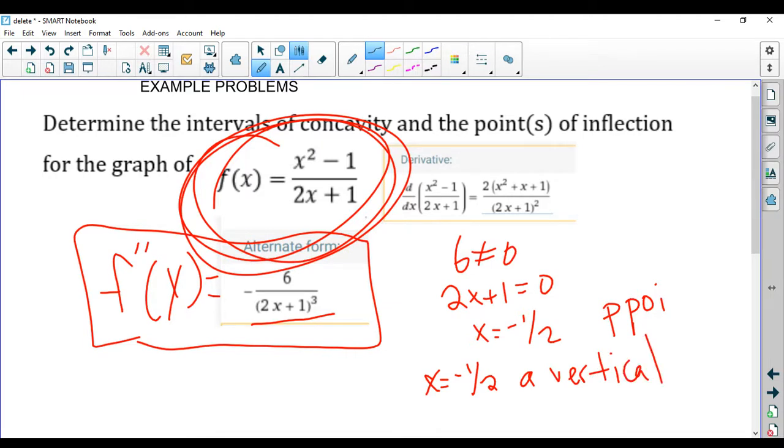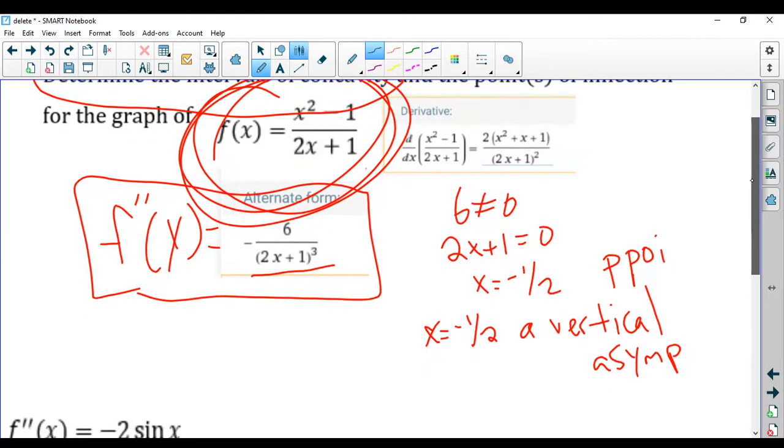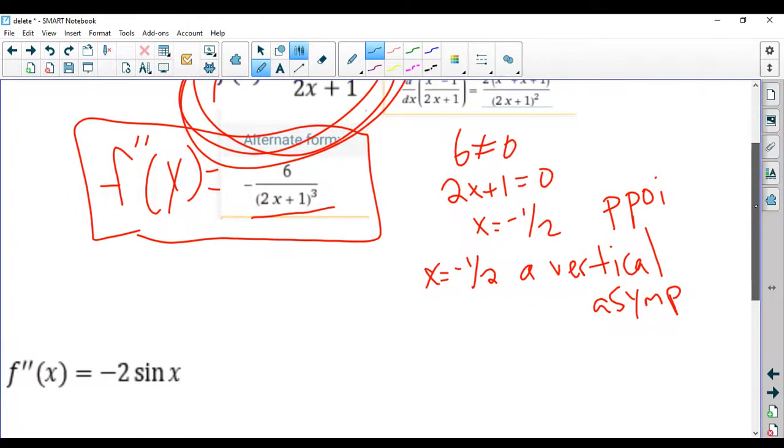But here's the important thing about that. We know we're not going to have any points of inflection because there's no possible points of inflection. But this can still change concavity at a vertical asymptote. Anything can happen at a vertical asymptote, as you may have remembered from last section, mins and maxes.